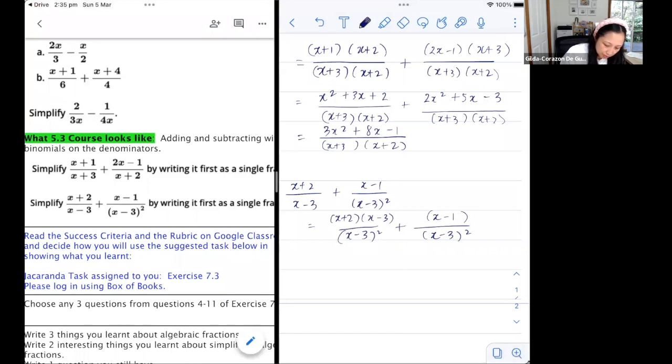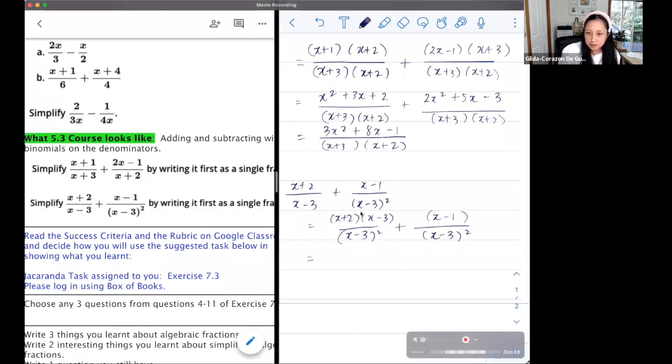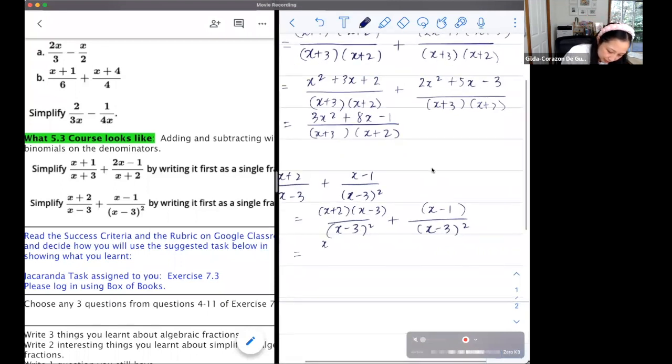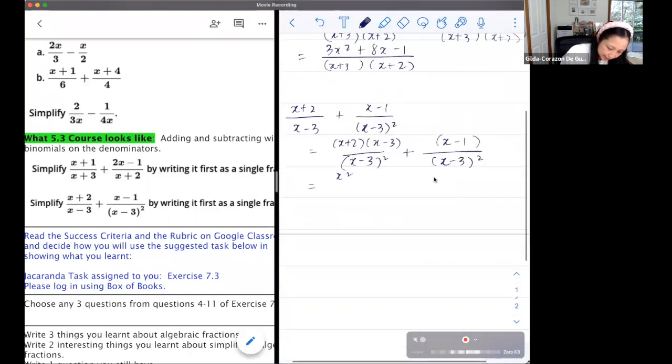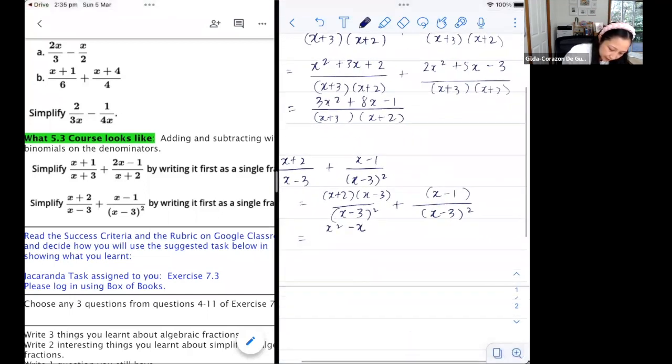So you don't stop here. You want to expand the numerator. So that becomes x squared, 2x minus 3x would give you minus x, minus 6, over x minus 3 squared, plus x minus 1 over x minus 3 squared, right?